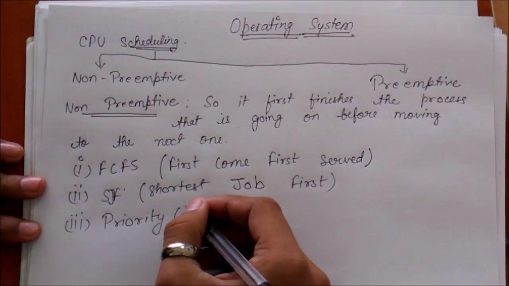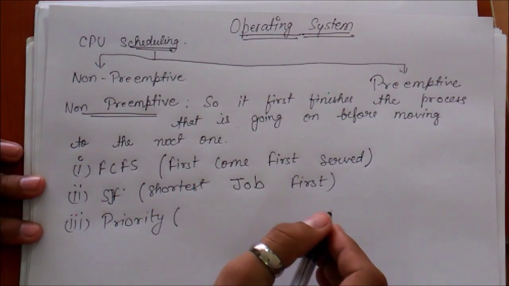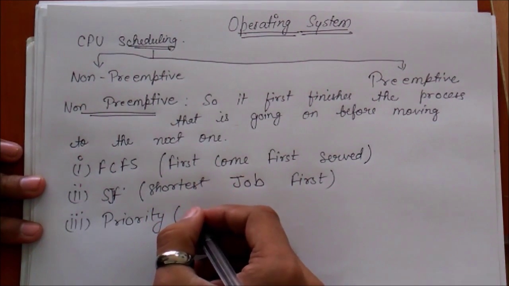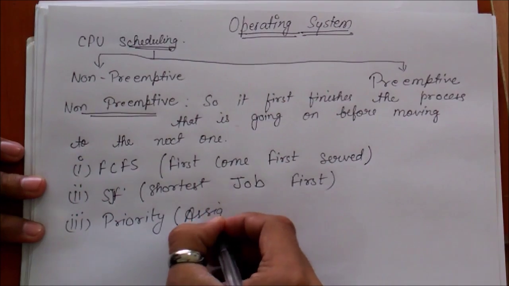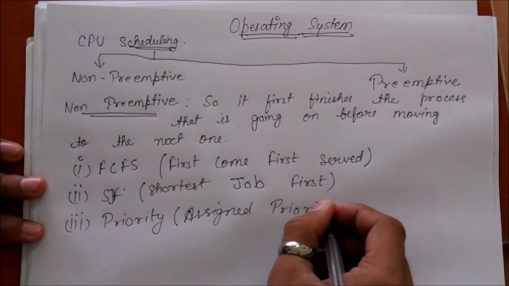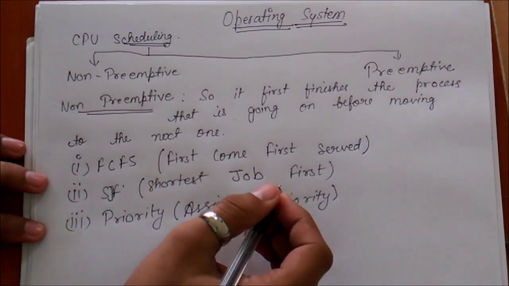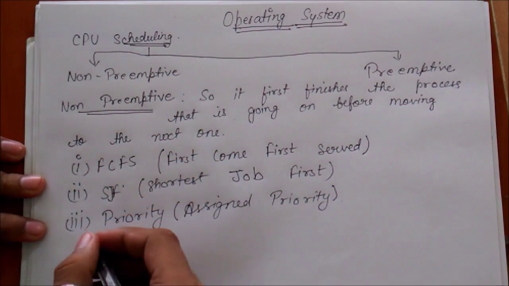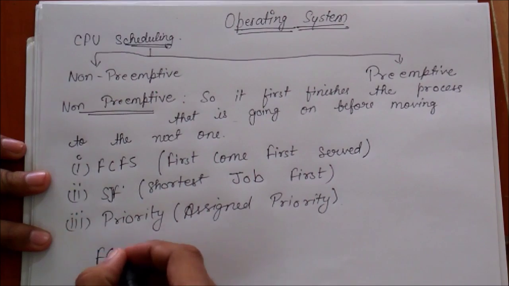The priority one decides which task is to be moved up on the basis of the assigned priority. So we go from topic to topic and we start from the FCFS.